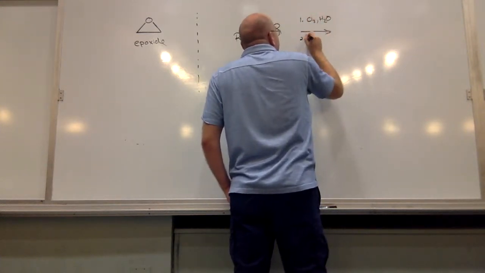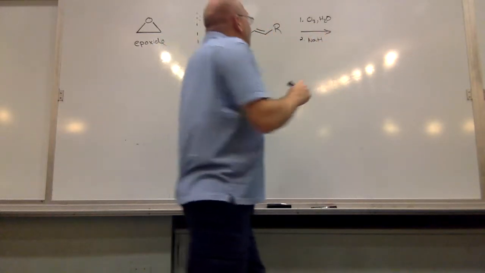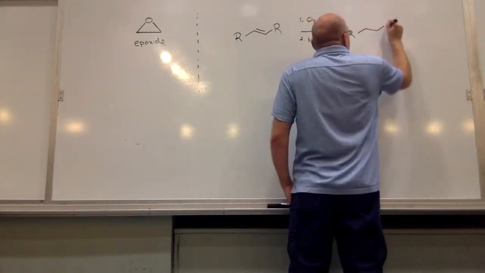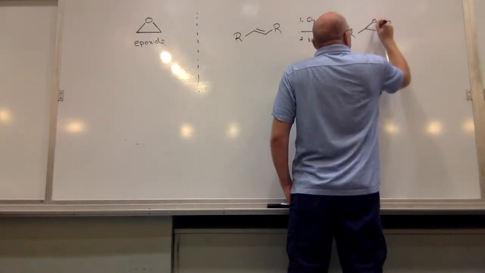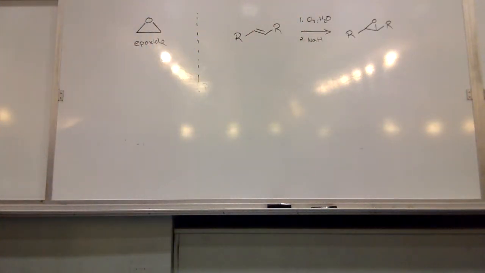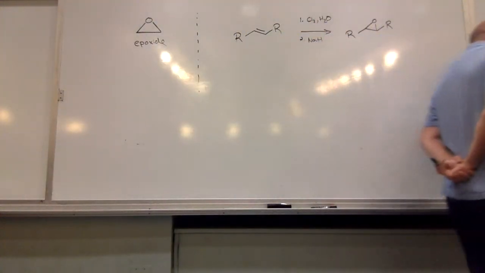The subsequent step is something like sodium hydride. We're going to get an epoxide. I haven't shown stereochemistry because I want us to discuss the stereochemical outcome as a class.